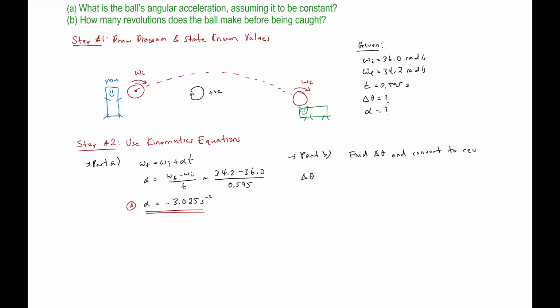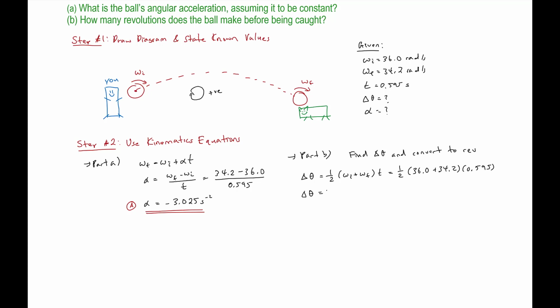We use the kinematics equations once again. We are given omega I, omega f, and t already, so we can use this equation, and just plug in the values. We have 1/2 of 36.0 plus 34.2 times 0.595.